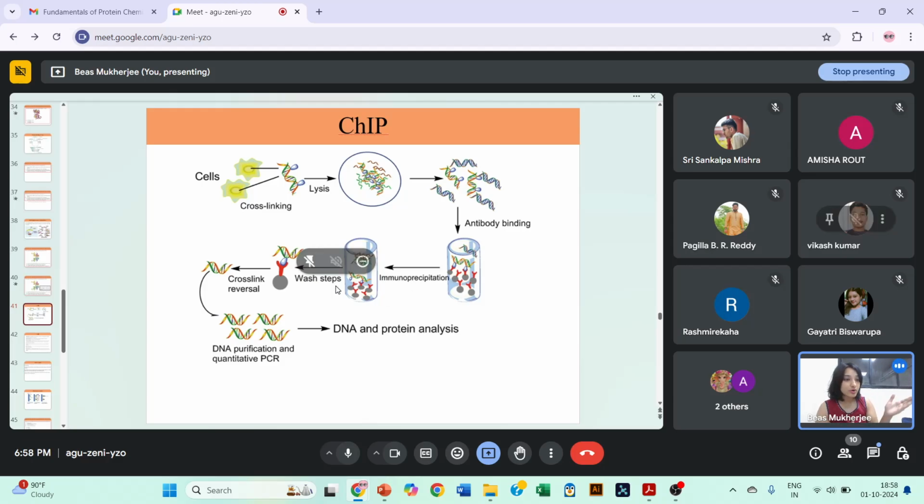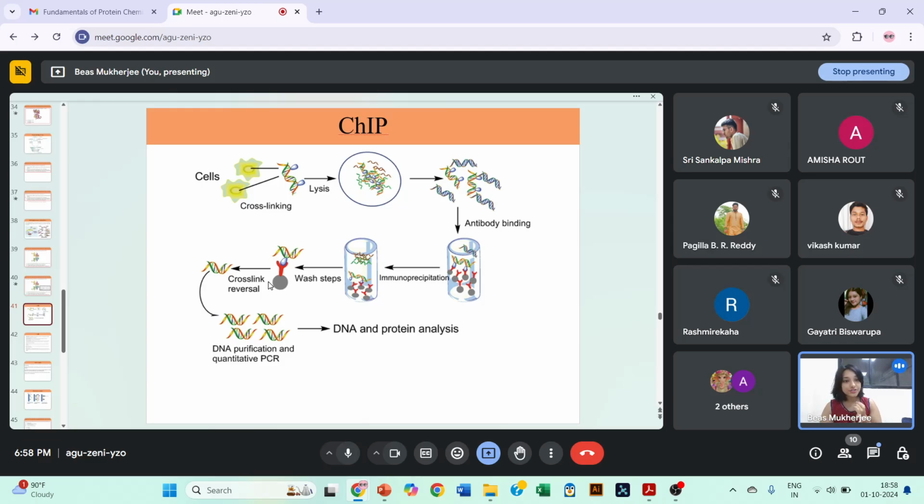Then you are washing it to remove the non-specific interactions, and then after that you are reversing the cross-link. That means you are removing this protein-DNA interaction, right? So now these are separated. Then only the DNA footprint remains, and you separate that DNA out.